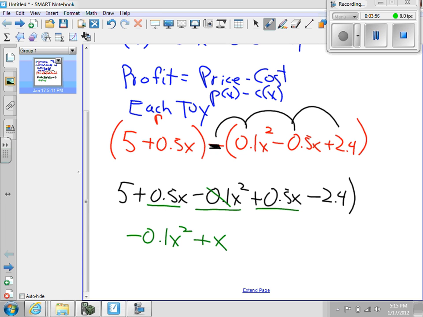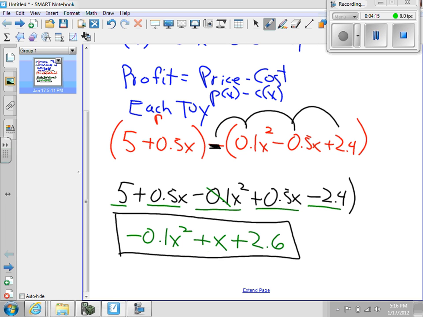And then my constant-like terms are a 5 and a negative 2.4. That's going to be a positive 2.6. That then is the answer to part A, which is asking for the profit over time per toy.